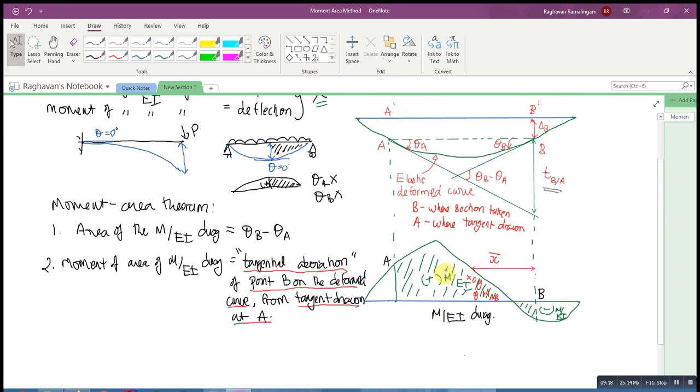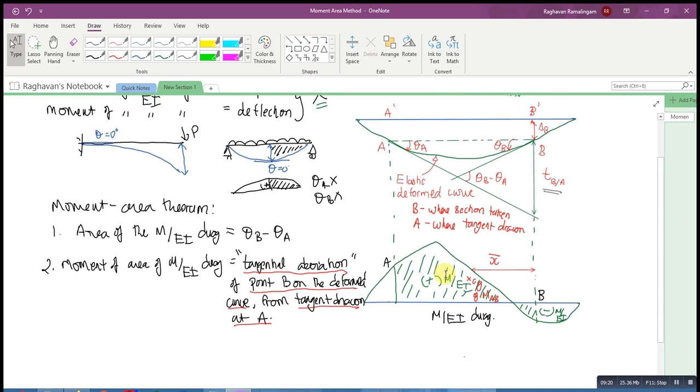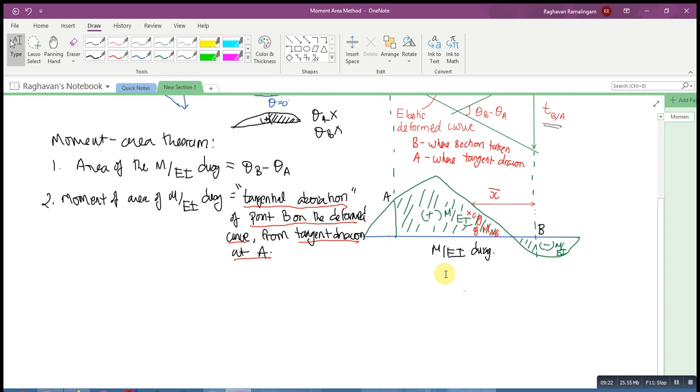Now one problem with this is you always necessarily need to know the deflected shape.